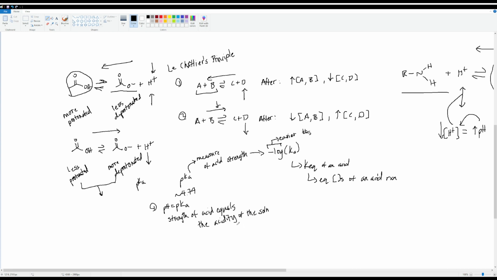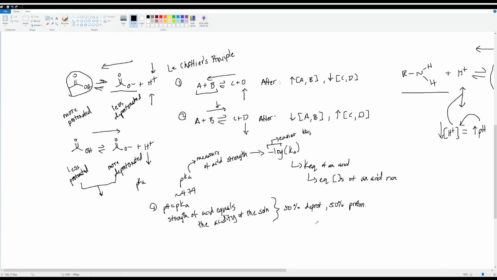In other words, nothing is really favored, right? They're equal to each other. And so what that means is we're going to end up getting 50% deprotonated and 50% protonated.